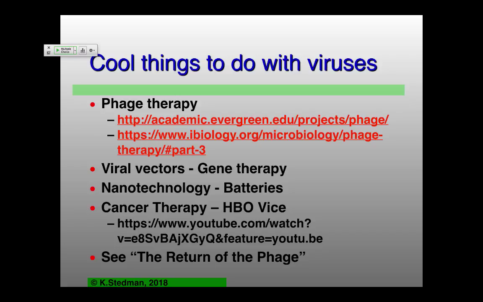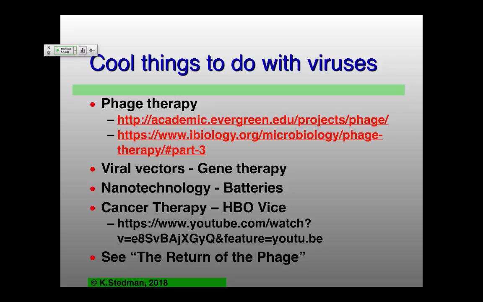Probably 80% of gene therapy, and some of you may have heard there's a new gene therapy for treating some eye diseases which was just approved by the FDA in the US, is completely based on viruses and their ability to move genetic material around.